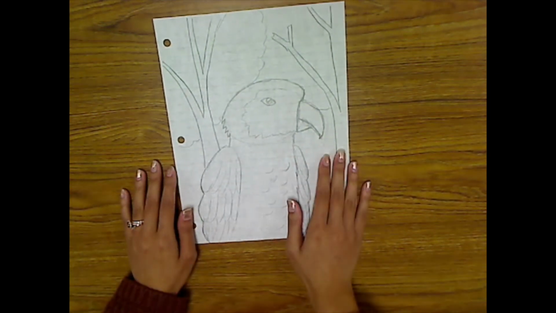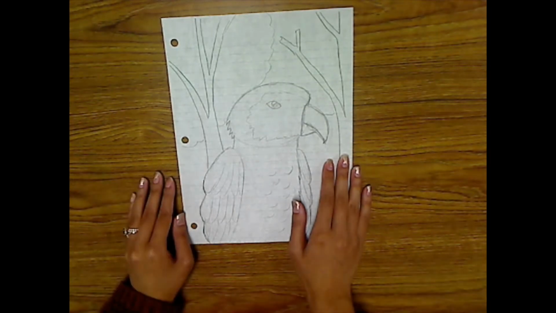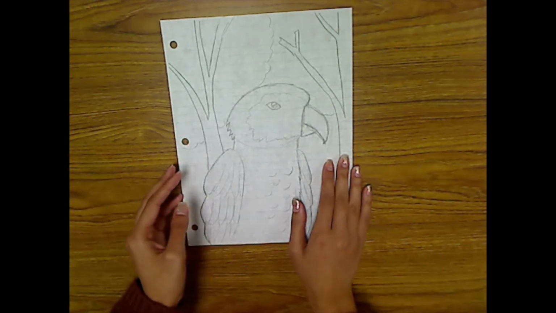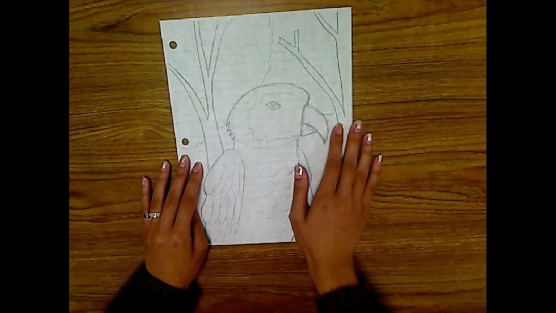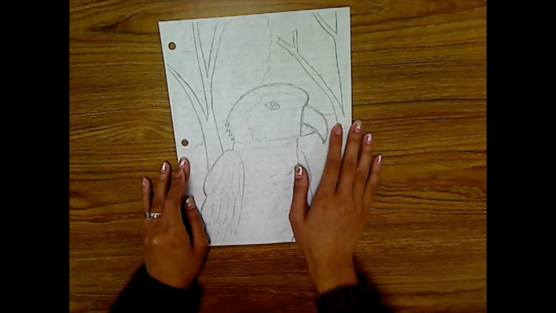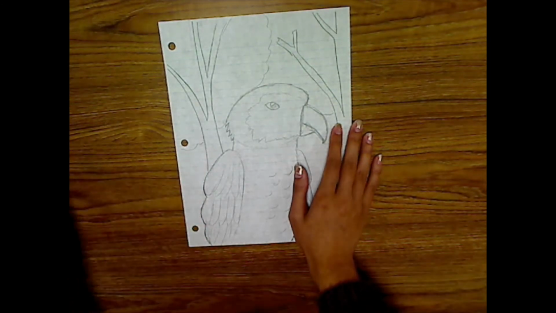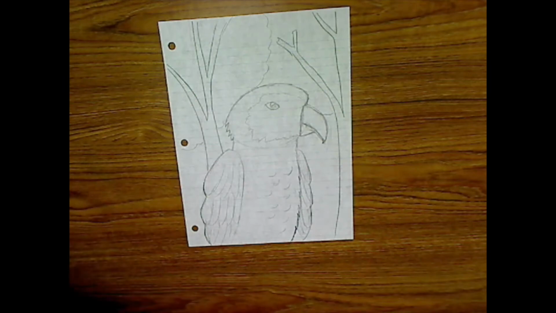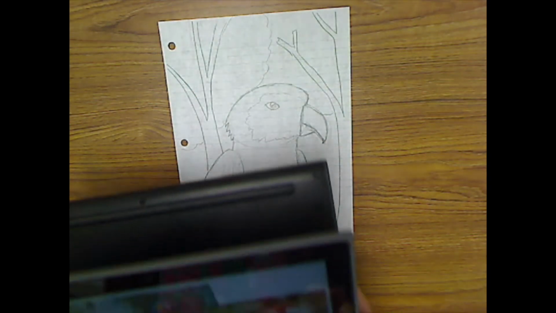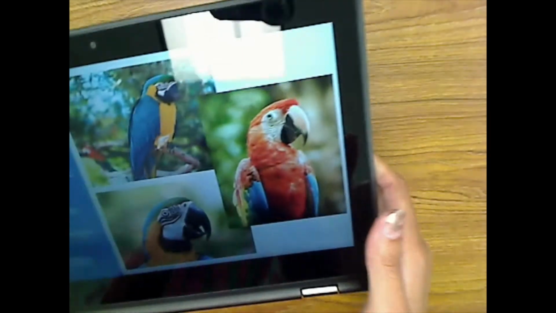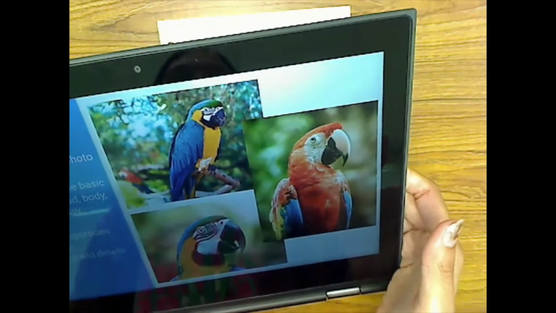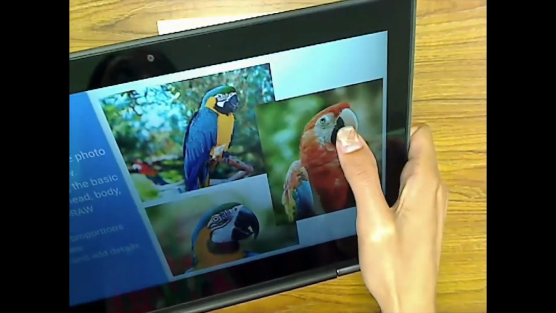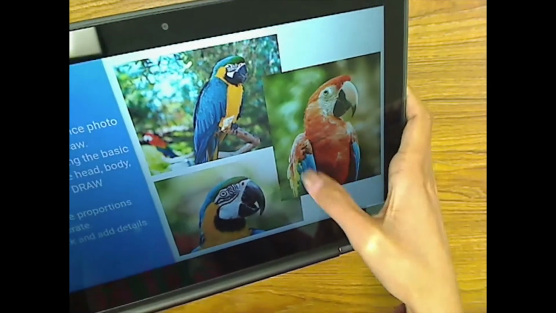Now, there's no right or wrong way to color your parrot. This is where creativity is up to you. If you want to look up pictures of parrots and see what different colors parrots have, you can do that. Just Google it. Some parrots you can see are red and they have kind of rainbow colored wings.